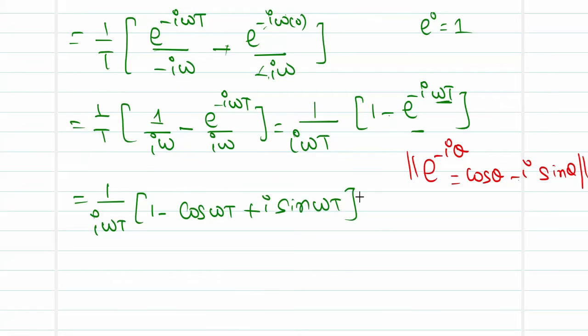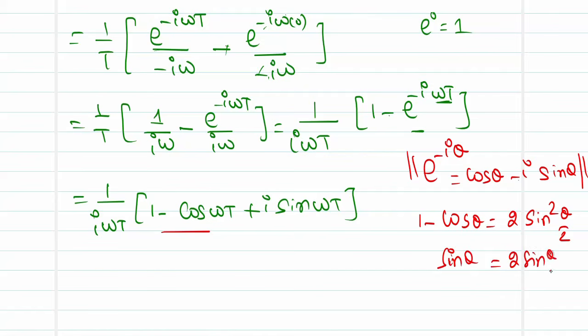Now I further need to simplify it, so I will be making use of two trigonometric identities one more time, where I replace 1 minus cos theta with 2 sin square theta by 2, and sin theta can be rewritten as 2 sin theta by 2 cos theta by 2.